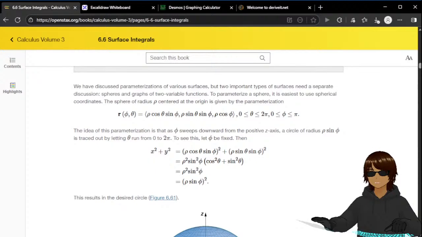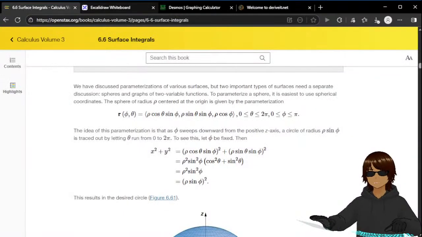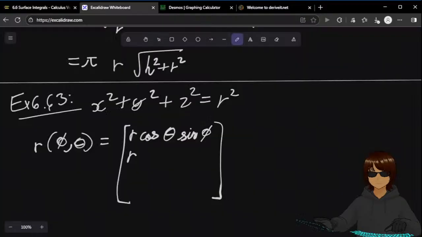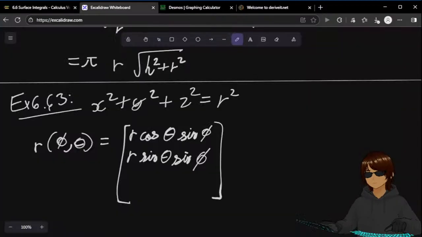Cos theta sine phi. Sine theta sine phi. Cos phi.